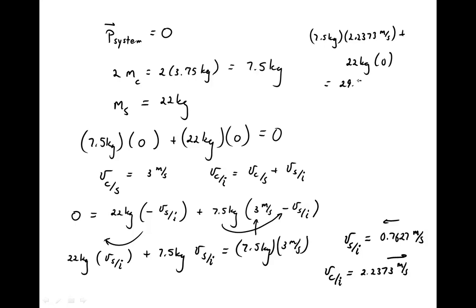That's going to be 29.5 kilograms times the speed of the cats and that right-hand sled. And so the velocity of that right-hand sled will be 0.5688 meters per second. If I go with significant digits and I have 3, 0.569 meters per second.